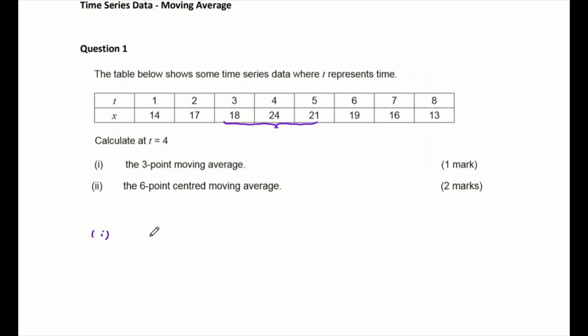I'm going to write a shortcut here: the 3-point moving average equals 18 plus 24 plus 21, and because it's a 3-point moving average, divide by 3, and I get my answer as 21.